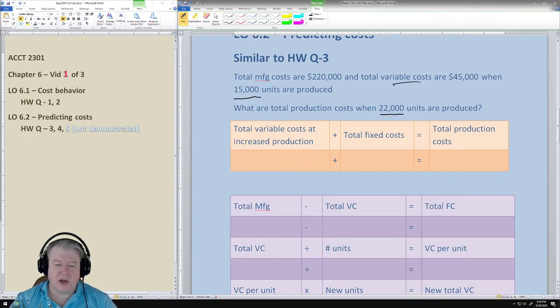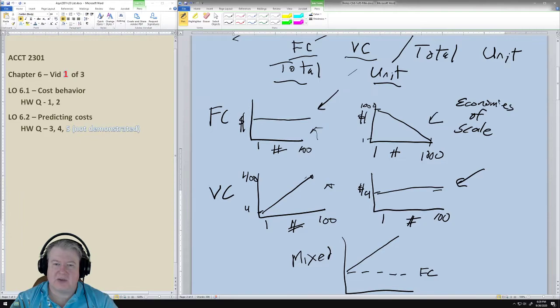So first thing we're going to do is we've been given total costs, 220K, and we've been given the variable costs. And so our total fixed cost, that's going to be 175K. So that's us figuring out this section.